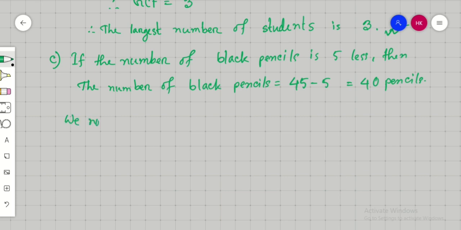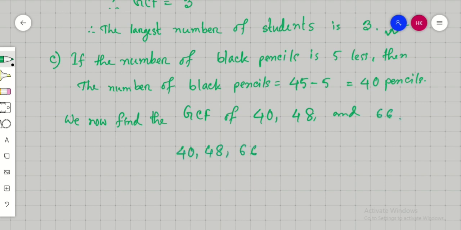We now find the GCF of 40, 48 and 66. At first we divide by 2, giving 20, 24 and 33, and there is no number by which we can divide all these numbers at a time.